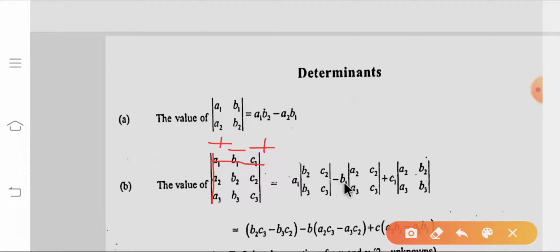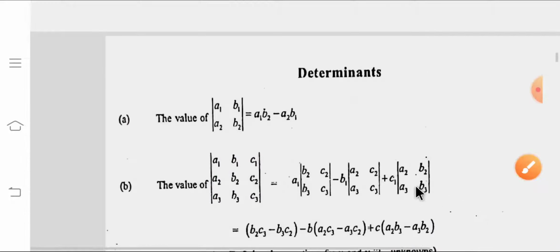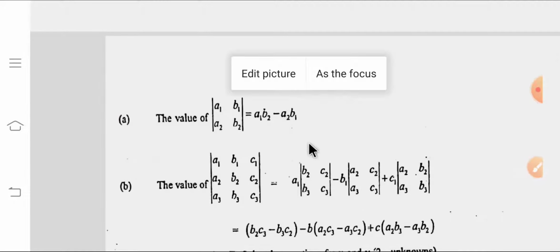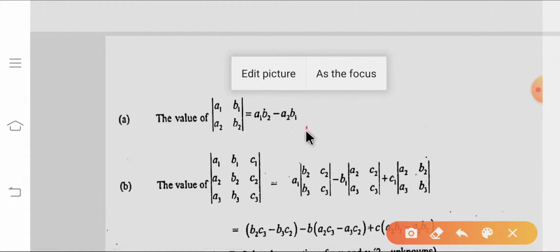Therefore minus B1, because the middle sign is negative. Why is it minus? Because we expand the determinant using minus 1 raised to I plus j, into the determinant.